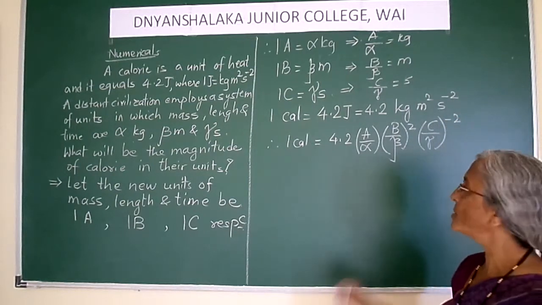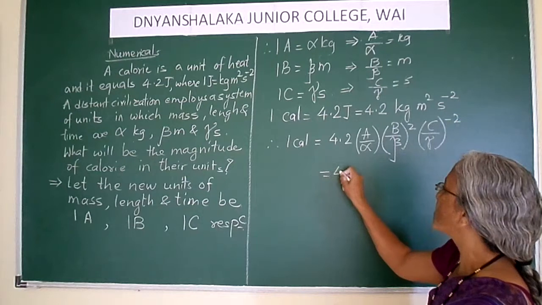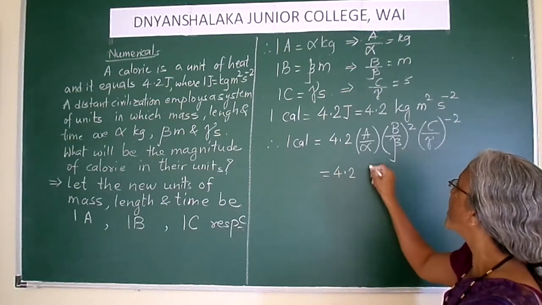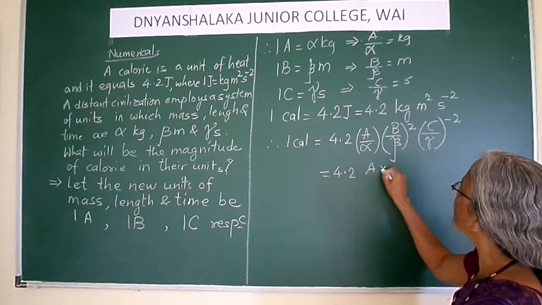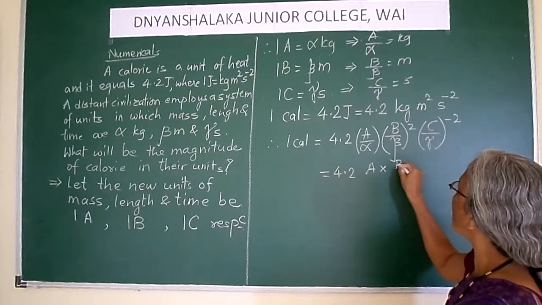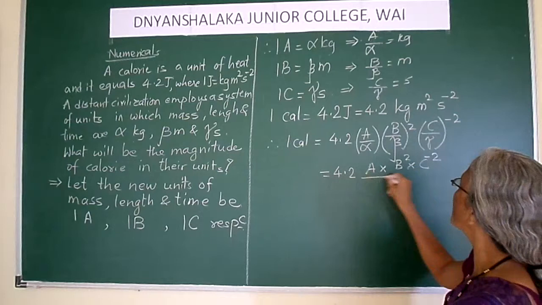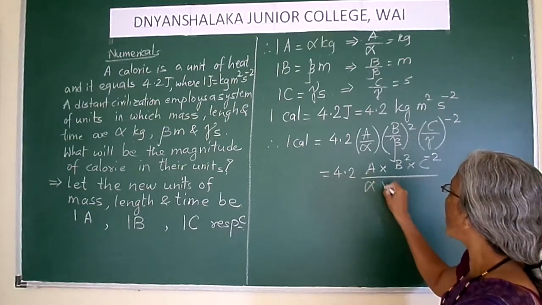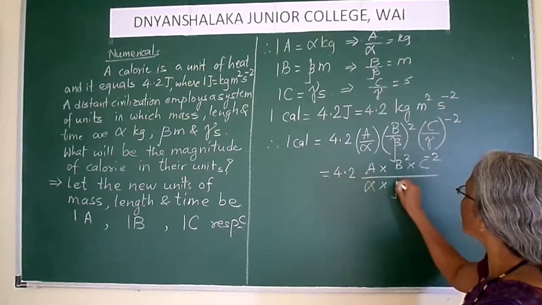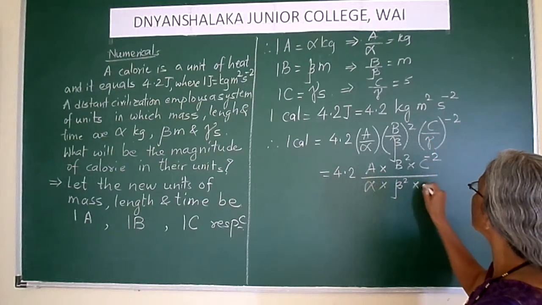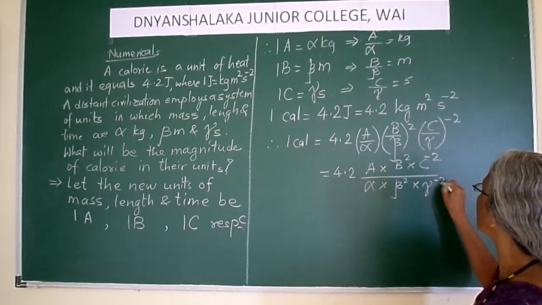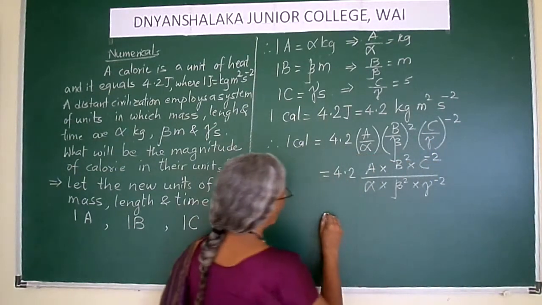Are you getting it, students? So this becomes 4.2 A into B square into C raised to minus 2 upon alpha into beta square into gamma raised to minus 2. Correct?